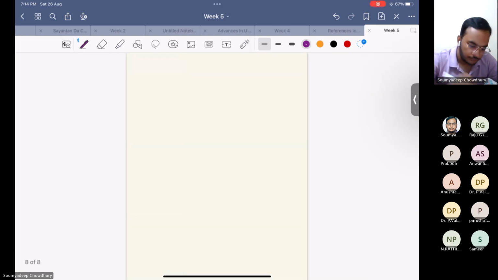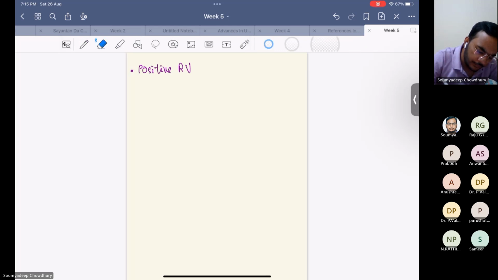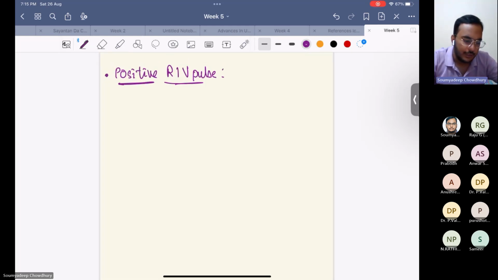There are different equations for this RIV pulse. If we have a positive RIV pulse, it is given by the equation of the positive RIV pulse.